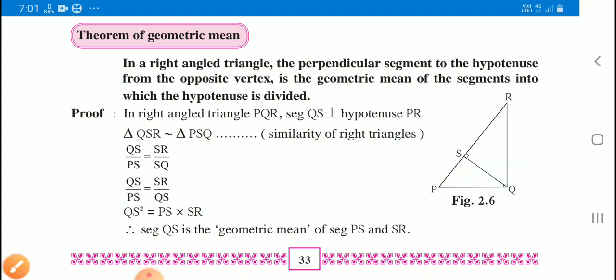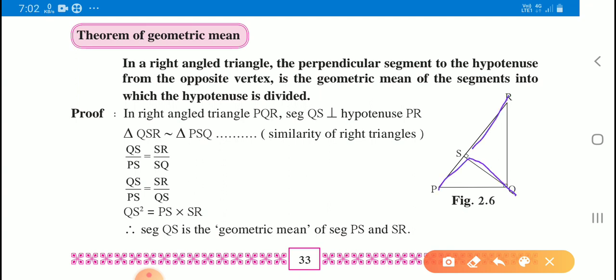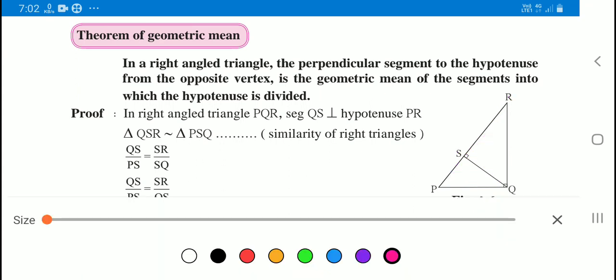So again I will repeat this statement: QS upon PS is equal to SR upon SQ. Now here you can see QS occurs how many times? This is the common side, so 2 times. So by cross multiplication, what will you get here?